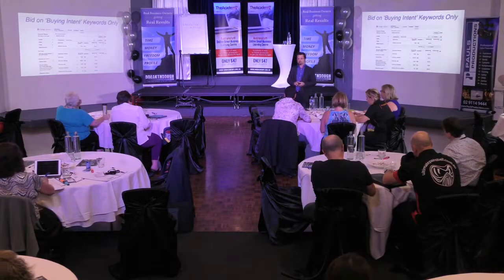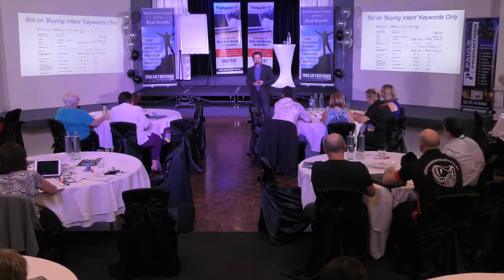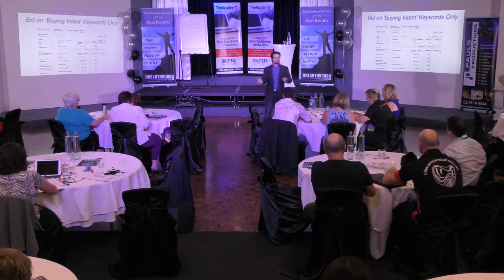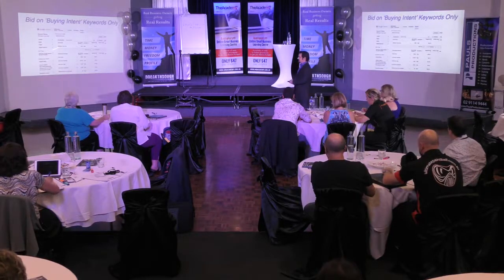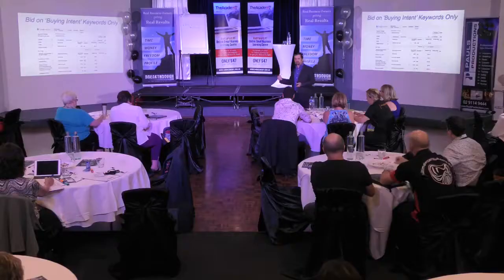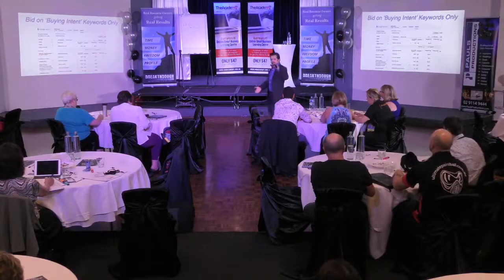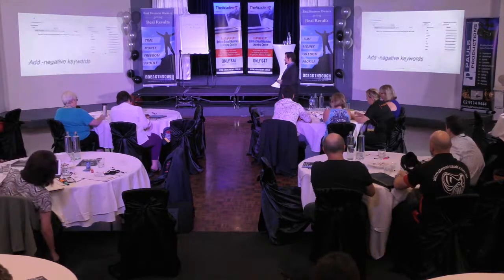If they're mentioning the word free in there, or the word DVD, that kind of stuff, then they may not have buying intent. But like here in this example where the search term is refinance home loan, you wouldn't really type in refinance home loan unless you were thinking about refinancing your home loan. Does that make sense? So it's got buying intent. So sometimes you're better off to have a smaller list of search terms, but they're buying intent search terms.